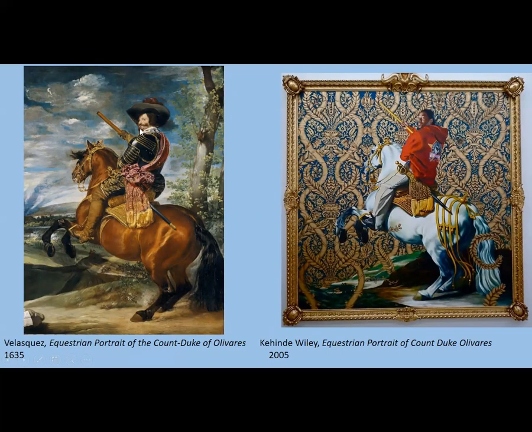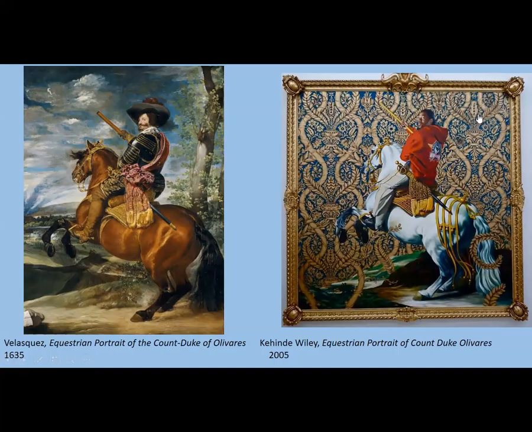He'd show them these old master paintings. The reason he was doing this is because he felt these men needed to be shown as just as majestic as royalty, like perhaps in this Velázquez painting, the Count Duke Olivares, that they were just as worthy of being shown in these positions of honor.